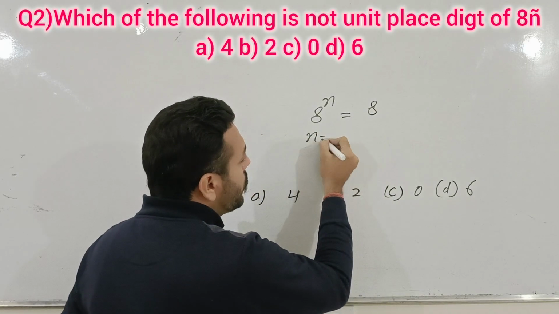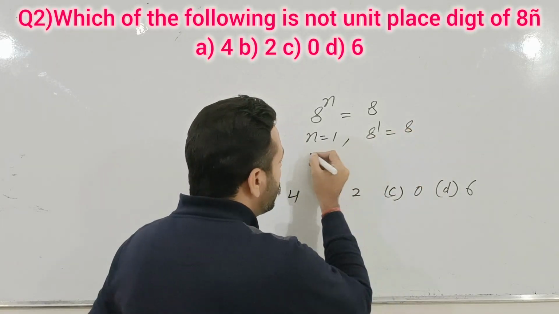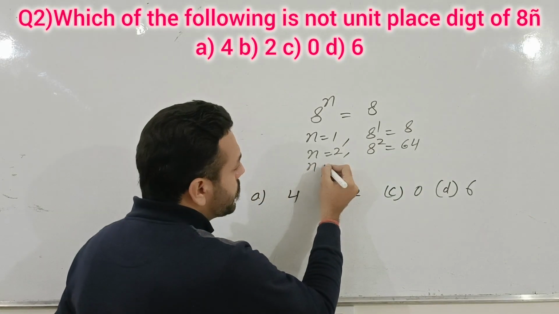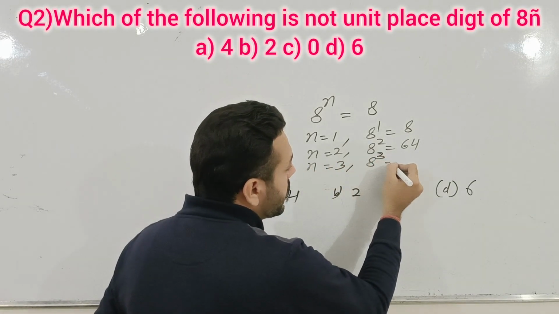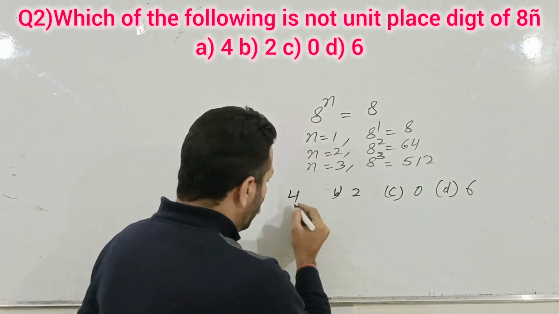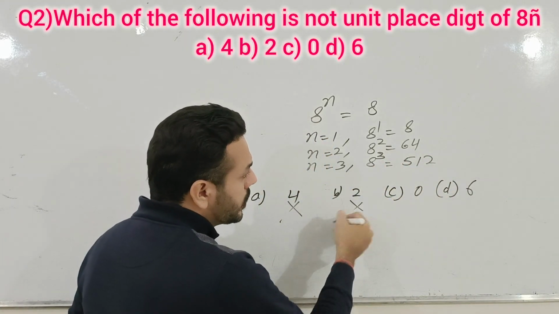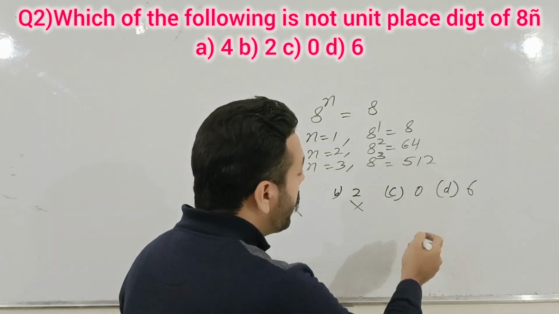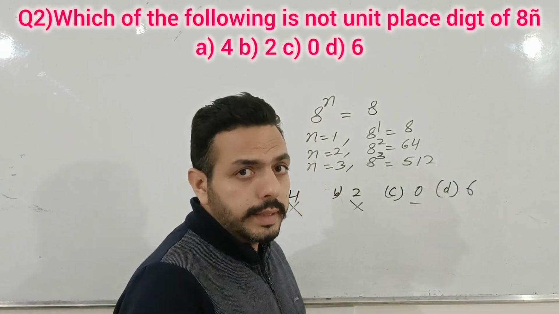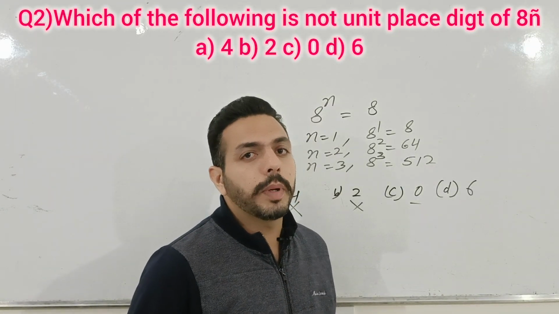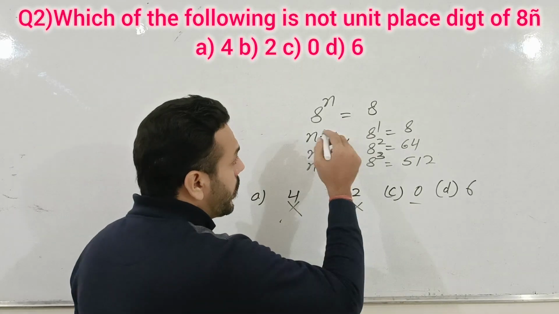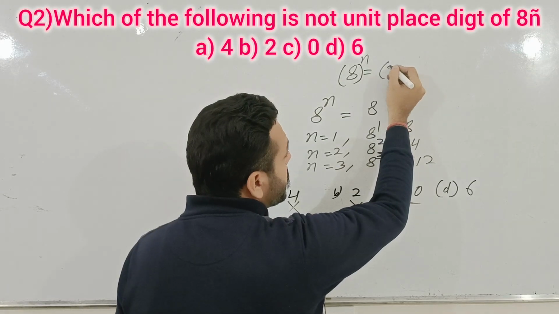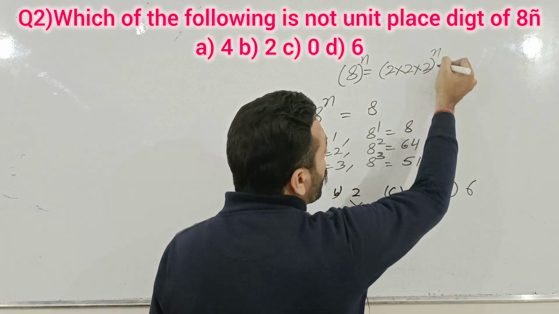Suppose n is equal to 1, so 8 raised to 1 is 8. For n equal to 2, 8 squared is 64. And 8 cubed is 512. So 4 is possible, 2 is also possible, and in further cases 6 is also possible, but 0 is not. A number that has 0 at the unit place must contain both 2 and 5 in its factorization. The factorization of 8 is 2 into 2 into 2, so the only factor is 2.